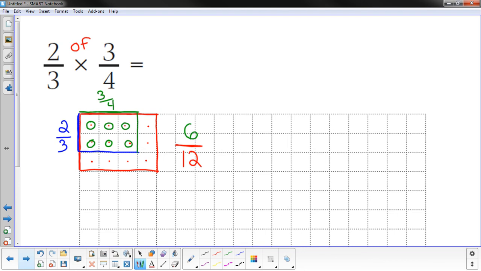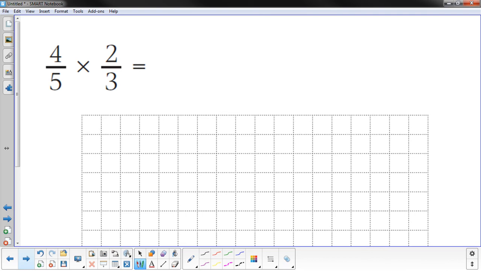Can you reduce that or simplify that? You sure can. 6/12 is the same as 1/2. So my answer is half. If you're not sure about simplifying or reducing, you could always say 6/12. But they are the same thing.